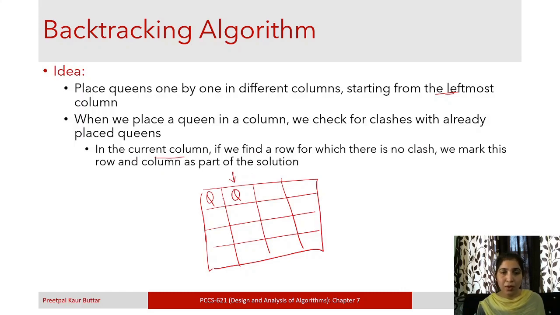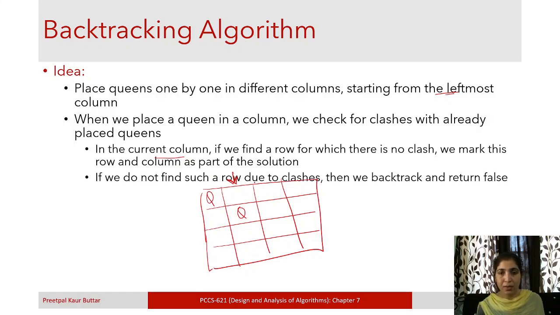Okay, so now if we place this queen here, it is in clash with this one, right? So this is not a proper place to place queen 2. So what we will do is keep ourselves restricted to this column only, and we will select rows one by one till we find a row in which there is no clash with already existing queens.